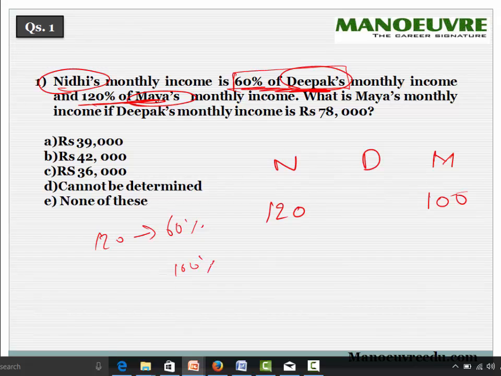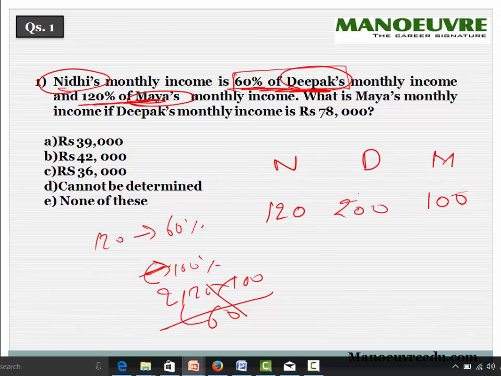So can I find out Deepak's monthly income? What is 100? This is 120 into 100 upon 60. This gets cancelled, 6 2s are 12. So Deepak's monthly income is 200.